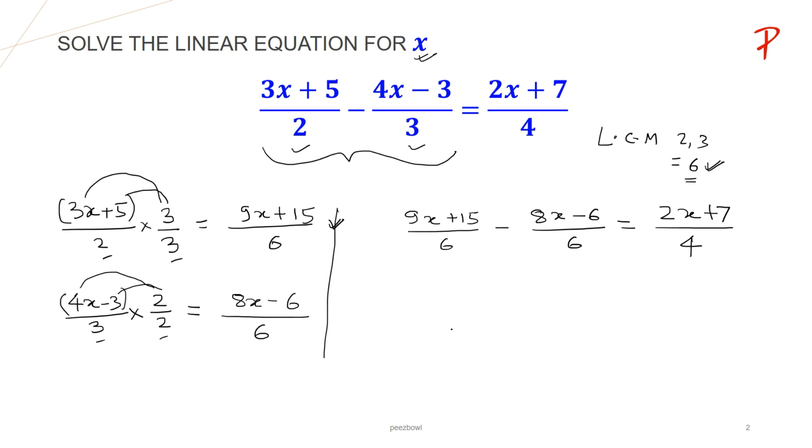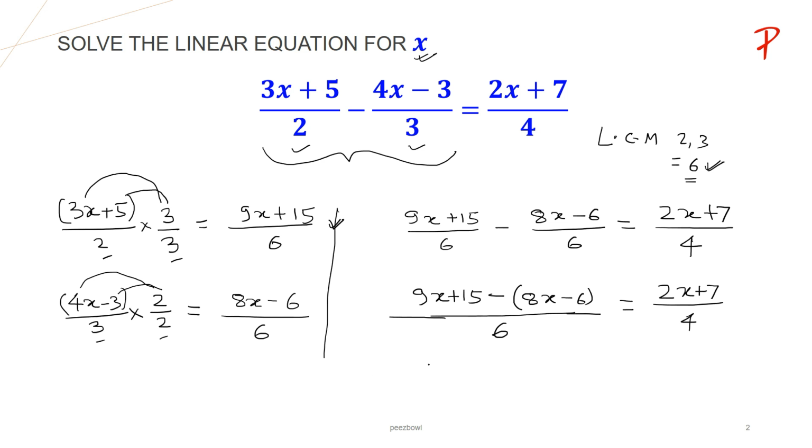Now on the left hand side, to solve it, we have 6 as the denominator, and in the numerator we have the first fraction's numerator, 9x + 15, then this minus sign, and after that 8x - 6. I have put 8x - 6 in a bracket because this minus sign is applicable to both 8x as well as 6, right? And on the right hand side we have (2x + 7)/4.